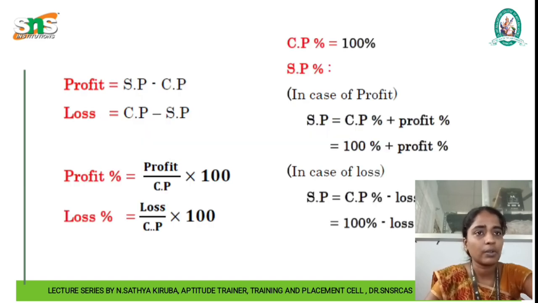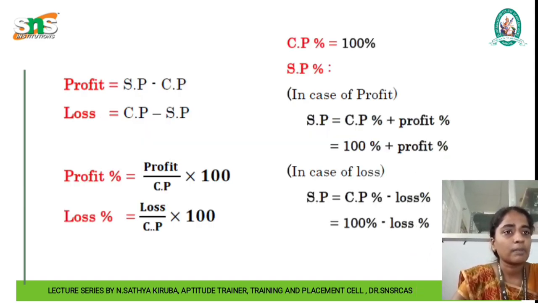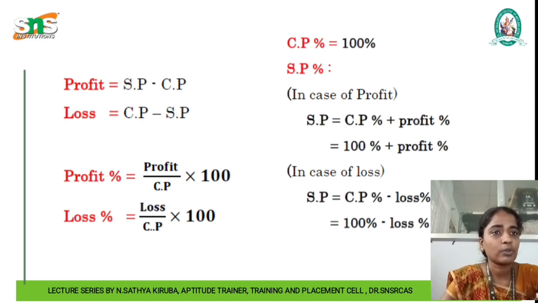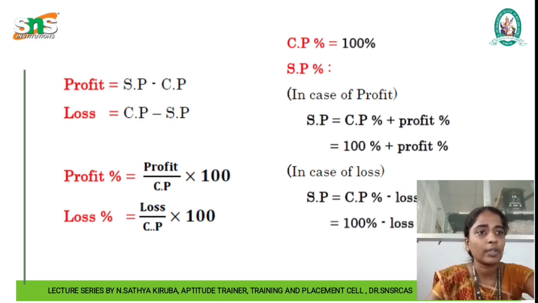Here is the set of formulas which I have mentioned for your better understanding. When a product is sold for a profit, profit is selling price minus cost price. The selling price should be greater than the cost price. When it is a loss, the cost price is more than the selling price, so loss is cost price minus selling price. Please keep these two formulas, profit percentage and loss percentage, in your mind.